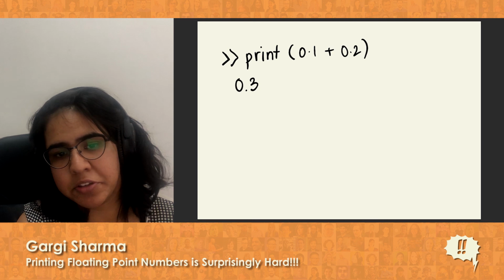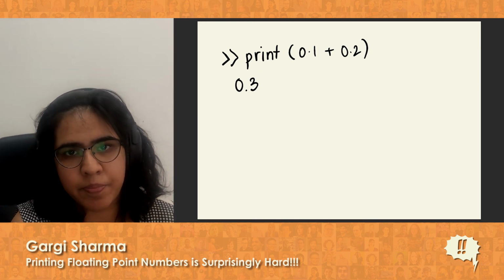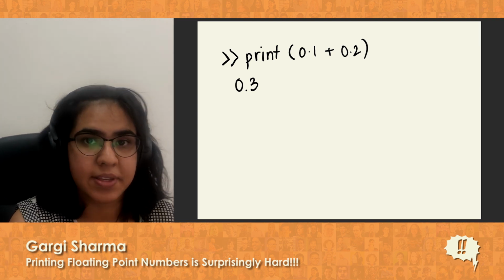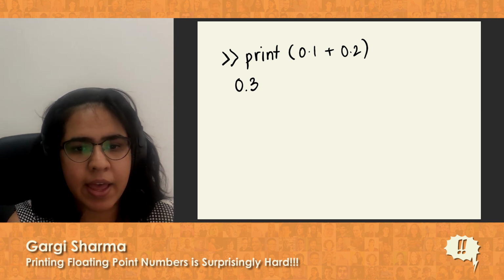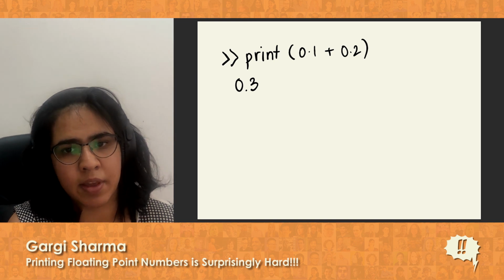One of the challenges with all the floating point printing algorithms is that there are two problems here. There's an input problem, which is what is the number that you're reading to print, and the other is the output problem, which is what is the number that you're printing.